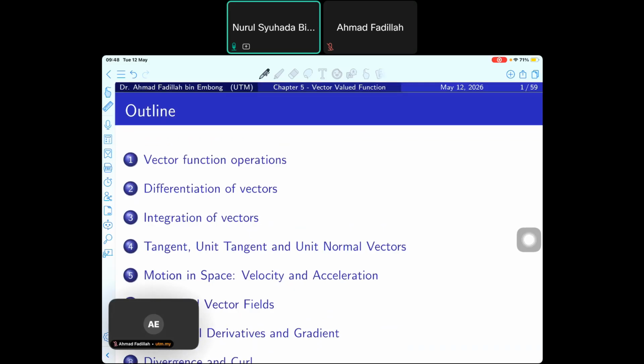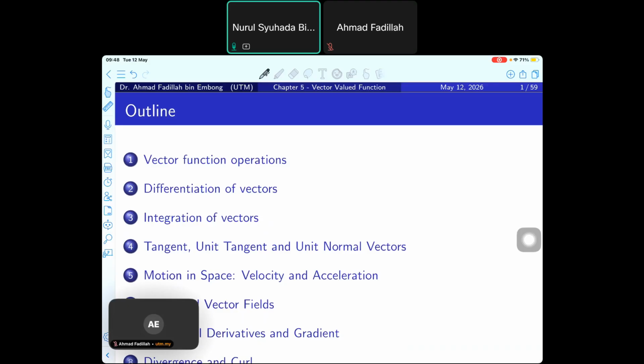We have done differentiation on multivariable functions, the partial derivative on higher dimensions, and in this video, I'm going to show you how you can differentiate the vectors. Next, we are going to continue with integration.